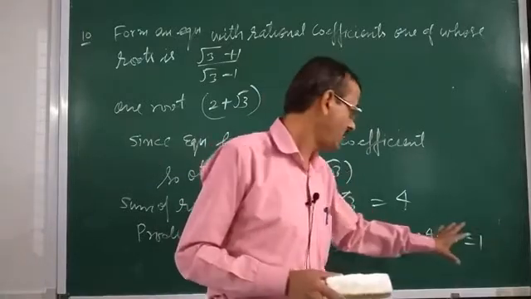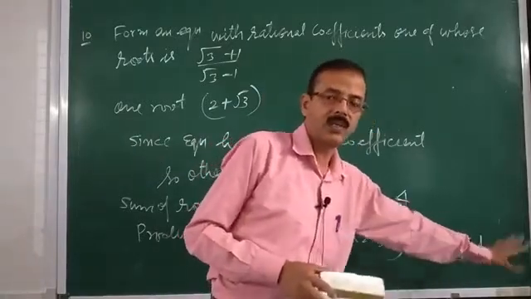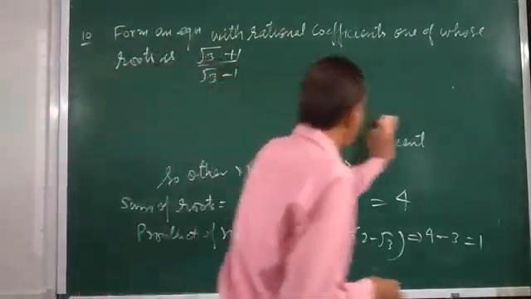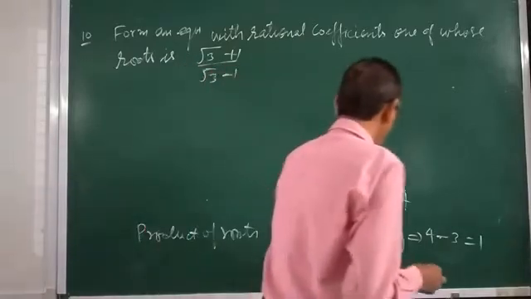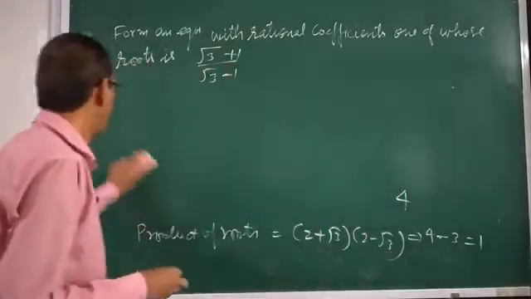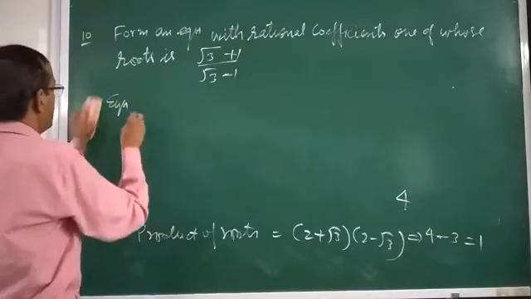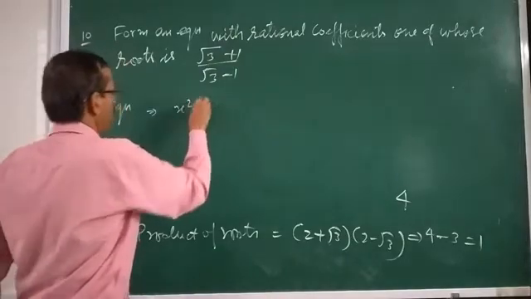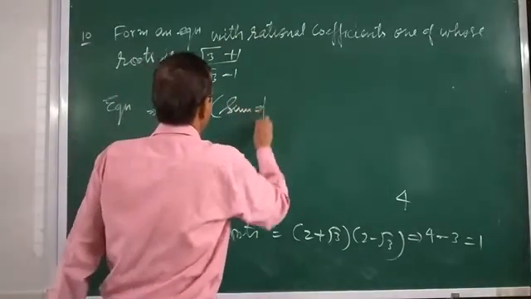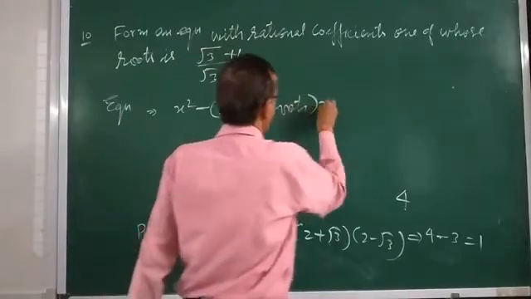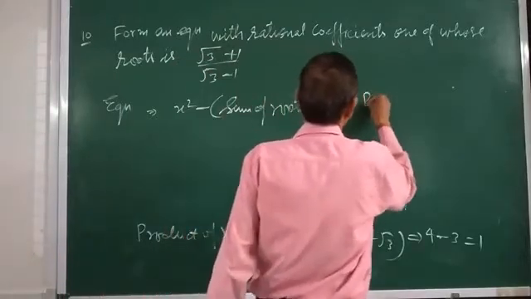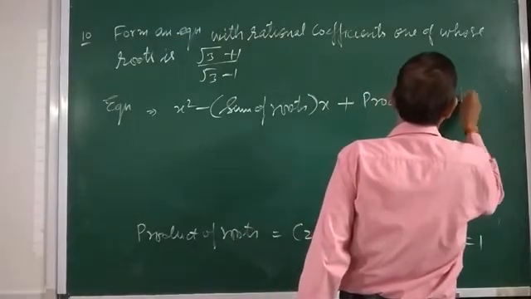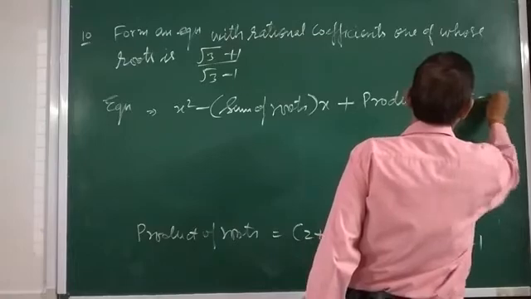Now we can easily make the equation using the sum of roots and product of roots. The equation is x square minus (sum of roots) x plus (product of roots) equals 0.